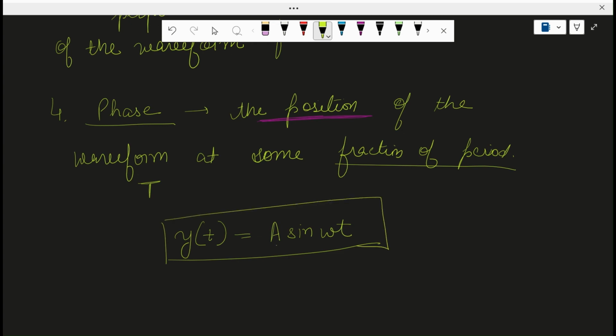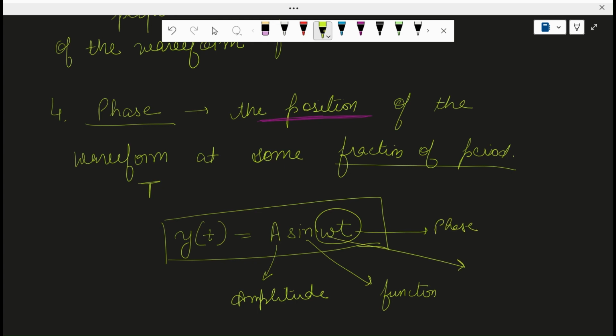Here A is our amplitude and sine is the function form. So here we are taking a sine wave, and ωt is nothing but our phase, where omega is our angular frequency.